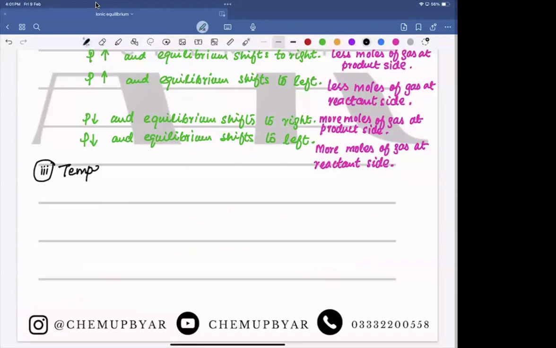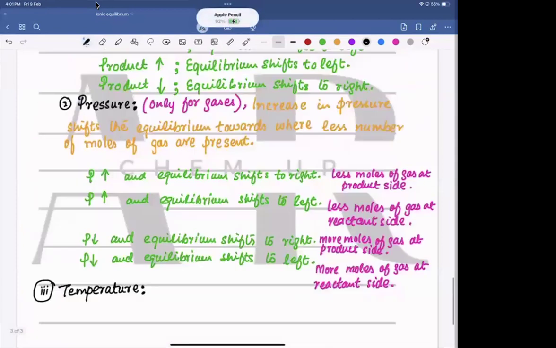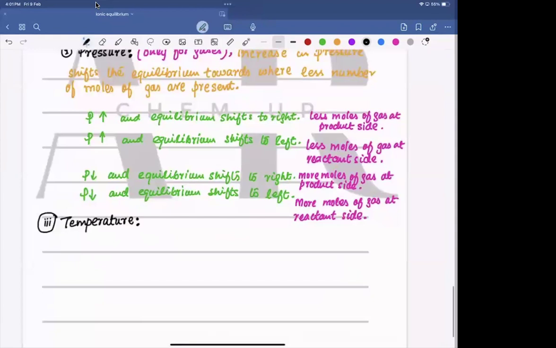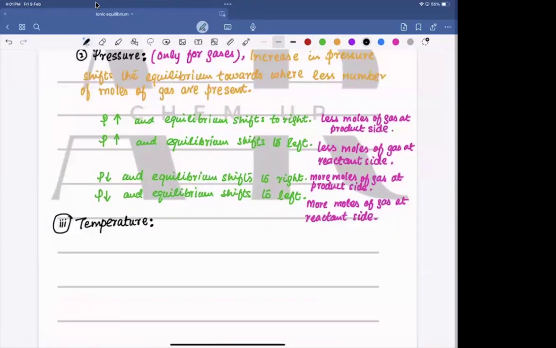We will discuss temperature in our next class. From temperature onward, we will continue in our next class. If anyone has any confusion till here, please ask. Is this clear to all of you? Yes, sir.